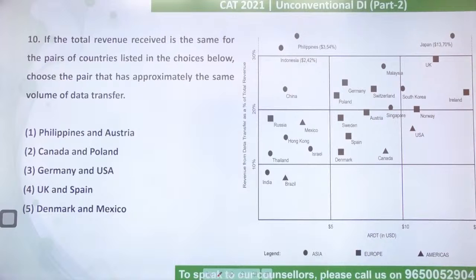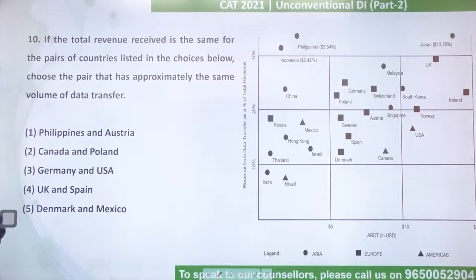Barkha says 1. Very fast, Barkha. Good. Pretty fast. Anyone else? No, Pratyusha. It is not of TISNET level. Don't worry about that. Okay, Vaishnavi says D, I think. UK and Spain. Okay, great.